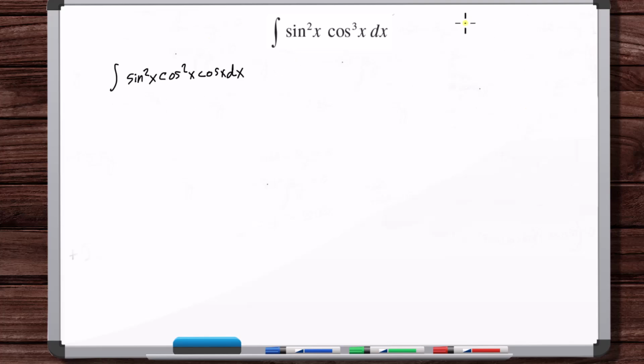And how we're going to do that, we're going to use the trig identity sine squared x plus cosine squared x is equal to 1.